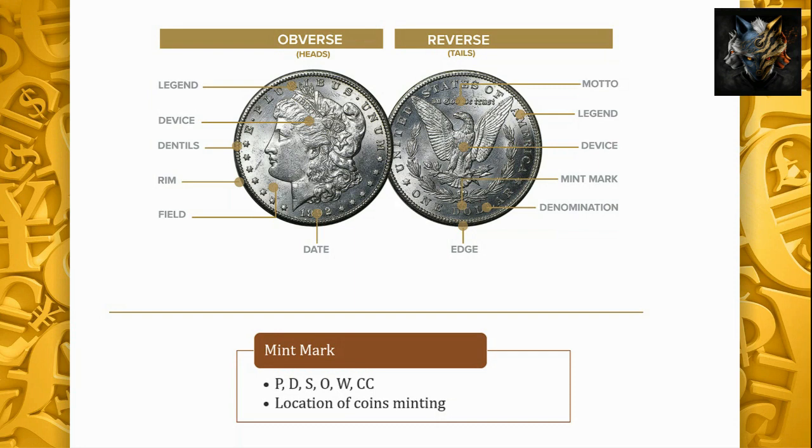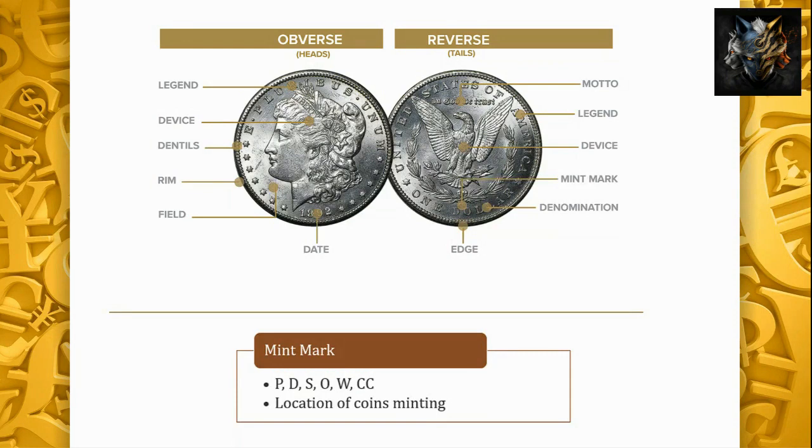But in this case, U.S. coins primarily, you're going to see P, D, S, O, W and CC. So the P is obviously Philadelphia. With Philadelphia, there is also the opportunity for there not to be a mint mark. No mint mark doesn't necessarily mean that it's from Philadelphia, however.